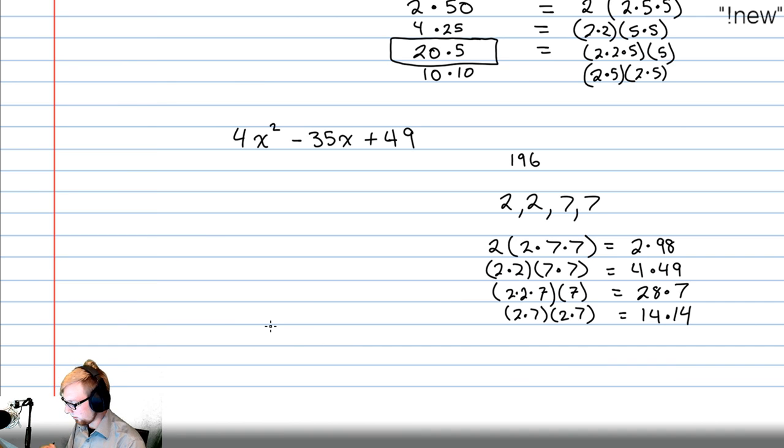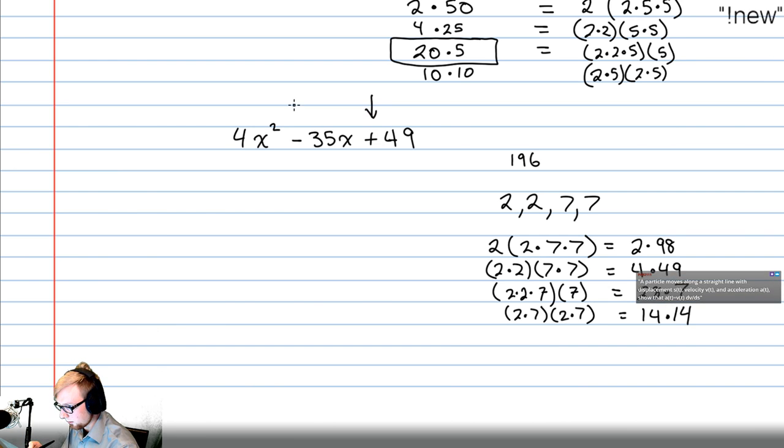So what do your numbers have to add up to? Negative 35. Okay. And I'm guessing it's going to be the second one. Well, look at your signs here. B is negative. Yep, B is negative. So that means all the larger ones have to be negative. Yes.